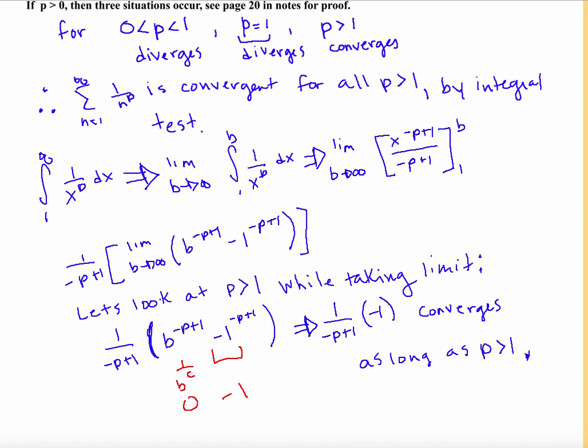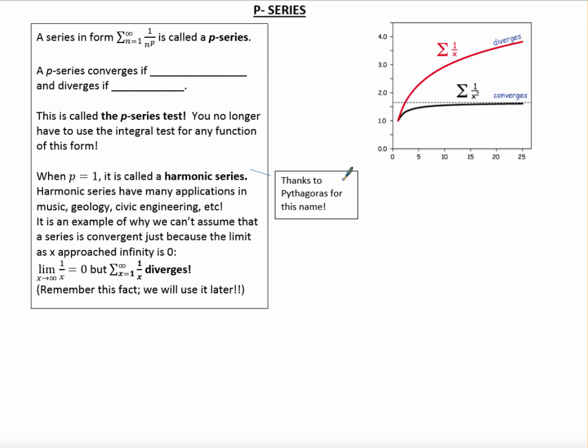All right, now one final note, this particular series is a special series. It's called a p series. They're very useful, and now that you have investigated them thoroughly, you can now call that the p series test. So you don't have to show all that work I just did. You never have to do it again.